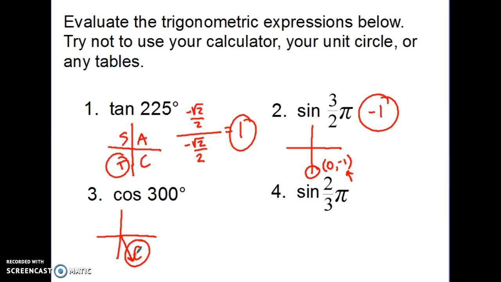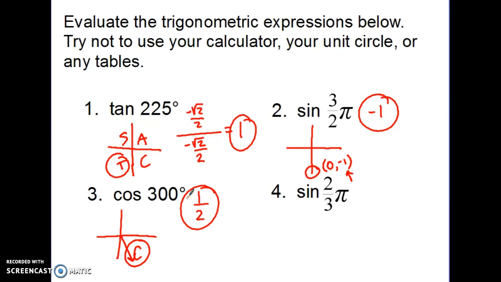The x value. So what is the x value at that angle? So cosine of 300 degrees is 1/2. You go over to the right, positive 1/2, and then down to get to that point. But the positive x value is what we're looking for.